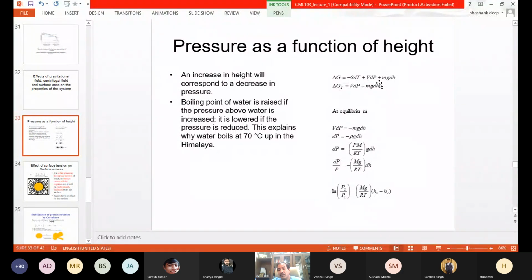If you have, for example, both height and you are adding something, for example a non-volatile solute, then there will be a chemical potential term here also. So the addition will be quite exhaustive.